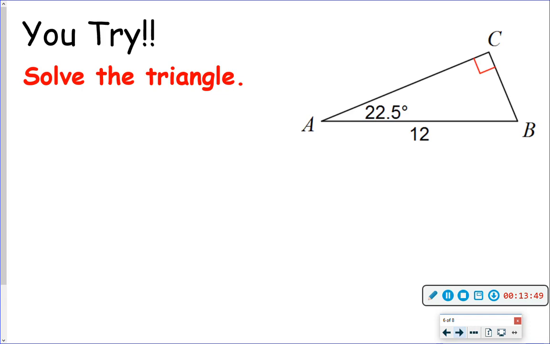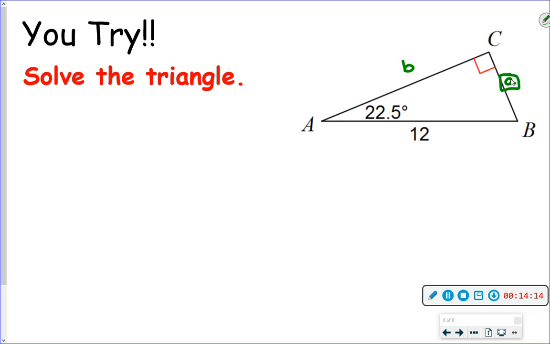All right, you're up. You try this one. So let's first label. I'm just going to help you with the labeling. We need the side across from angle A, and you need the side across from angle B. So just so we all work in the same order, let's find side A first. Now, you do not have a special right triangle.